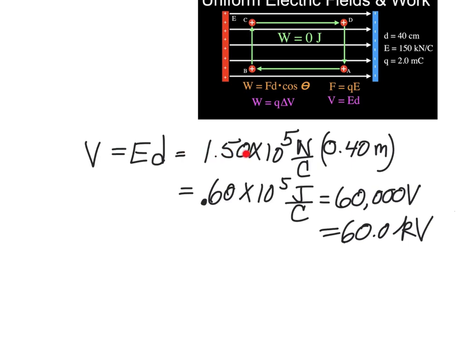Okay, that's what you should have gotten. Notice the units, newtons times meters, or joules per coulomb, that's a volt. And yes, it is a very strong field, and so it is a high voltage. It is 60,000 volts, or 60 kilovolts. At first you might think, oh, that's too big, but no, that's the answer in this case.